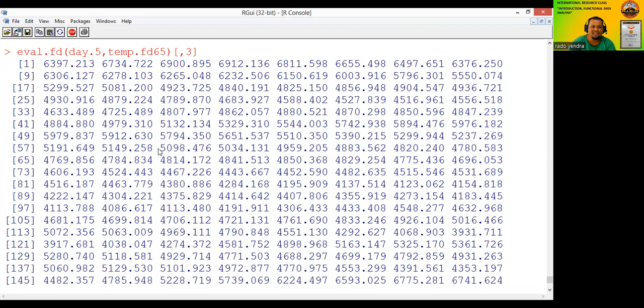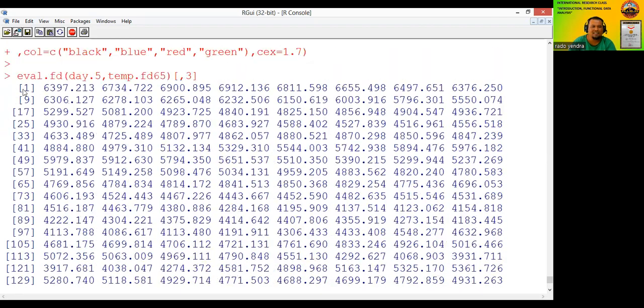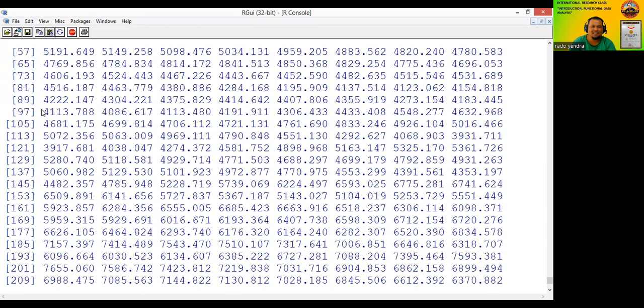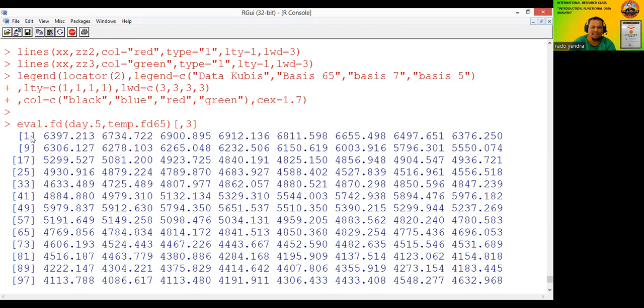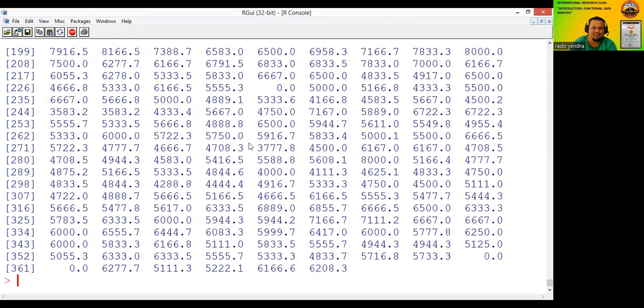You can see all the data is full, from day 1 until day 360. And you can compare it with the real data ZZ here.